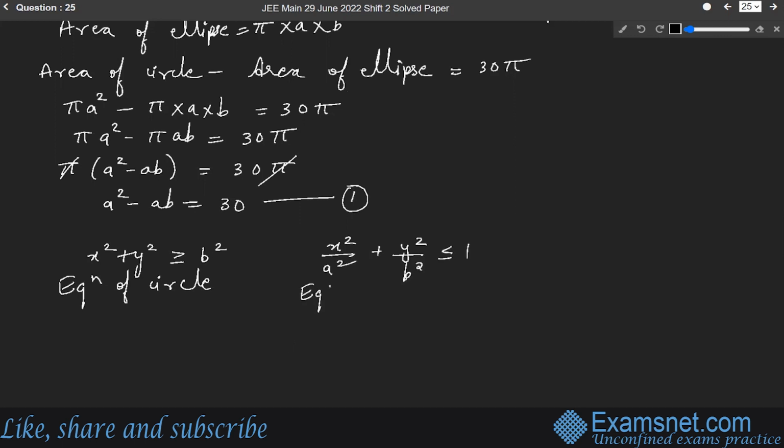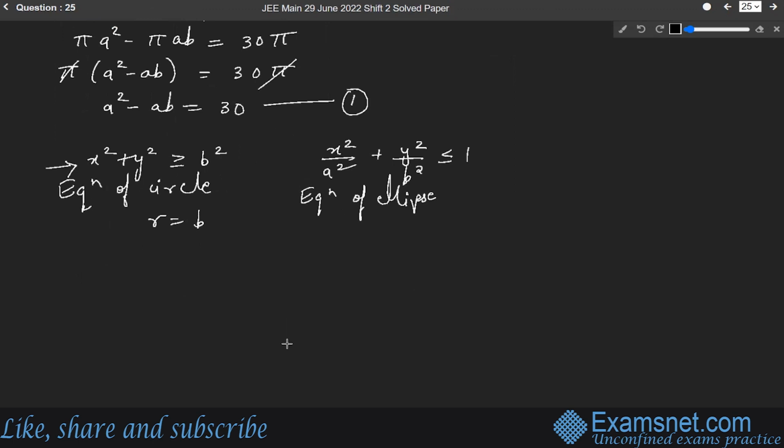This is the equation of the ellipse. Here again a and b are the semi-major and semi-minor axis. If we talk about the equation of the circle here, then the radius of this circle will be b, right?